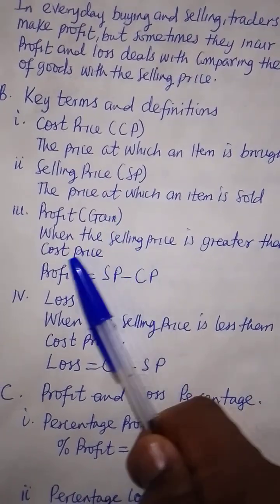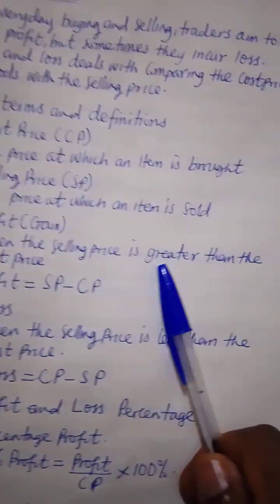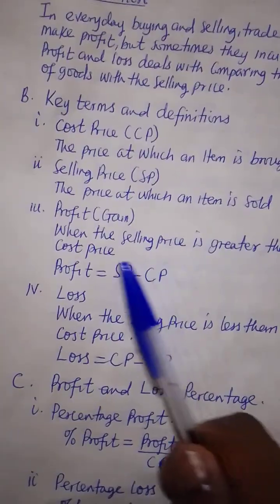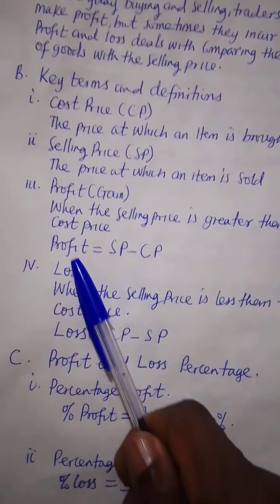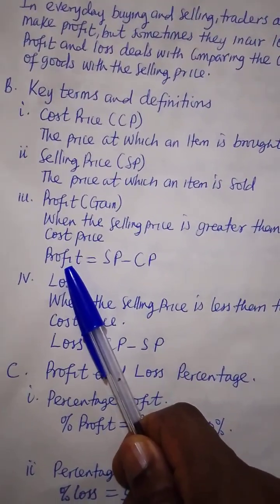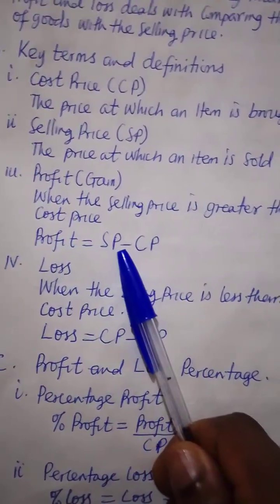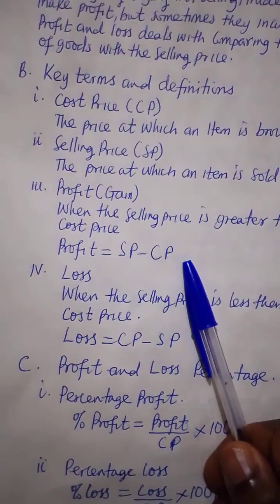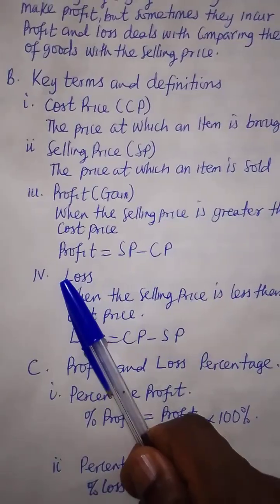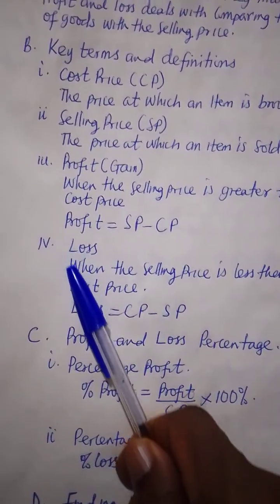So you can use profit and gain interchangeably. When the selling price is greater than the cost price, then we have a profit. And to calculate that, we'll say profit is selling price minus cost price. The fourth term here is loss.